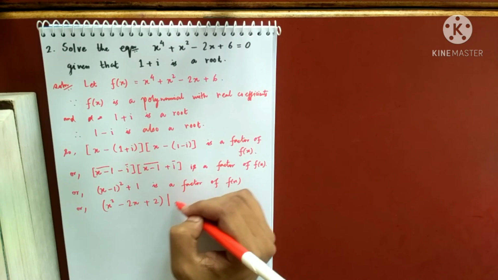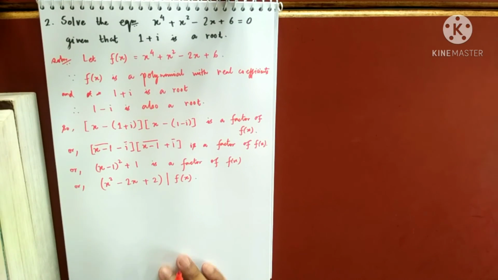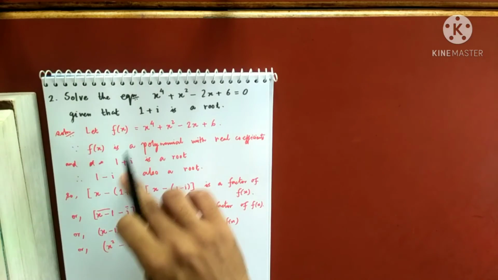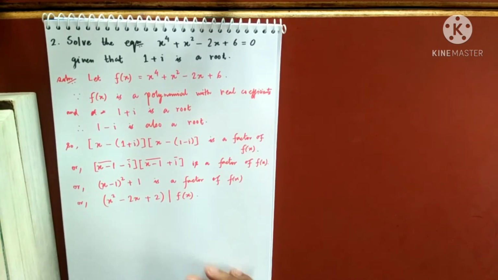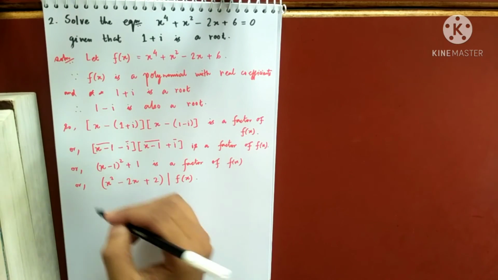This will divide f(x), or this is a factor of f(x). So let us divide. Because the 2 roots 1 plus i and 1 minus i are coming from this factor, let us find the other factor which will give us the other 2 roots.